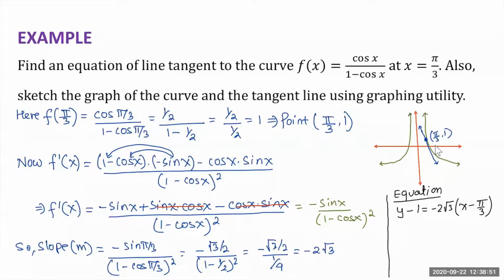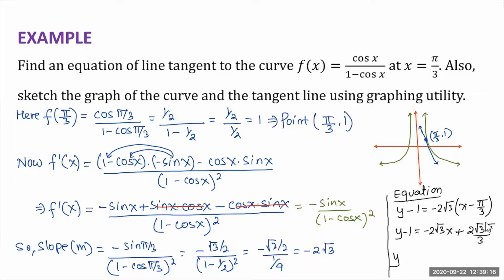Now if we simplify this, let's see what we get. On the left hand side, I have y minus 1 equal to negative 2 square root of 3 multiplied to x. And then if you distribute negative 2 square root of 3, negative and negative will be positive. Then you have 2 square root of 3 multiplied to pi over 3, which will be 2 square root of 3 pi over 3.